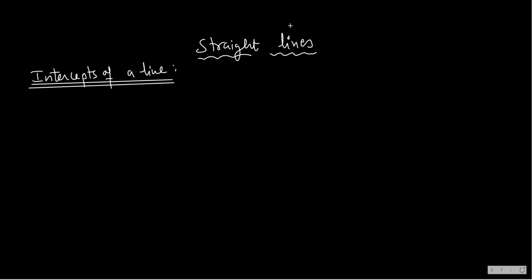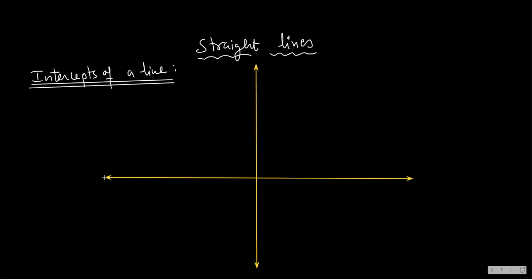So here I draw the coordinate axis. That is, I draw y-axis and x-axis. See, this is our coordinate axis system. This is our 2D system. This is y-axis, x-axis. They intersect each other at O, origin. This side we write as x dash and this as y dash.